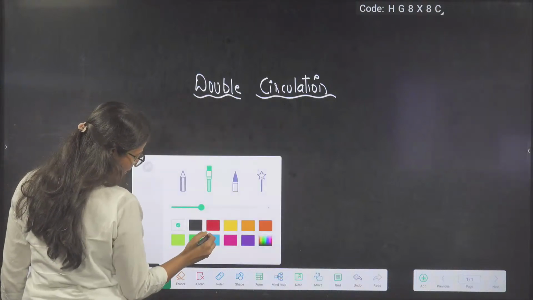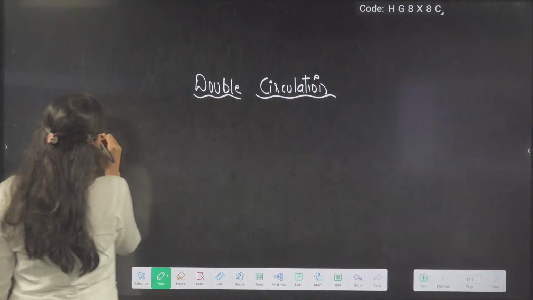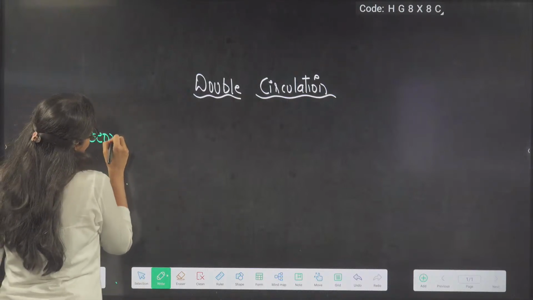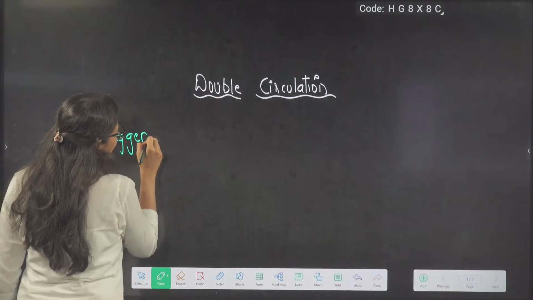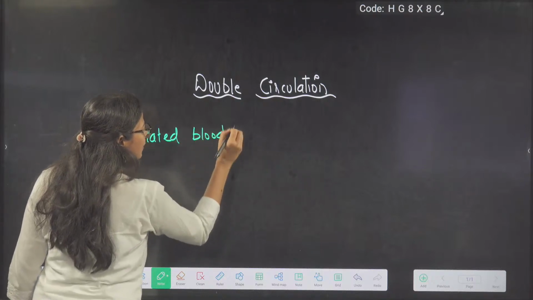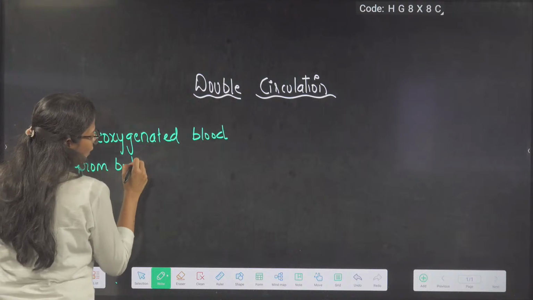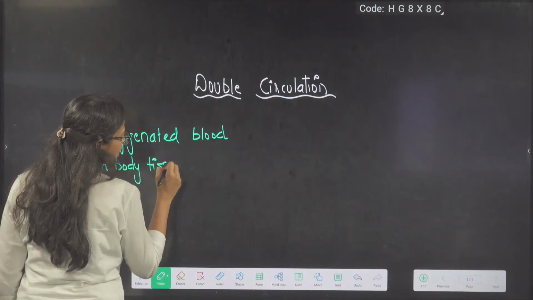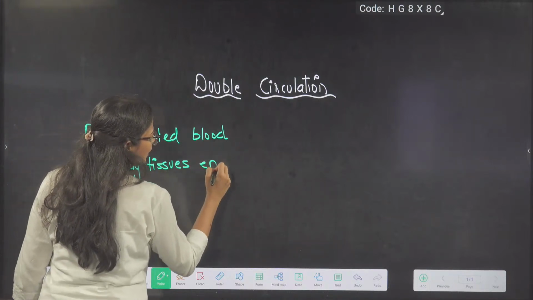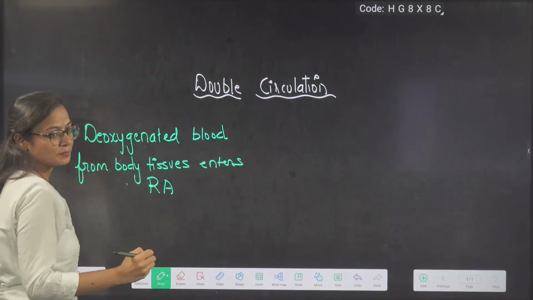Since it's deoxygenated, I will prefer to write that in blue. So the deoxygenated blood, from where it is coming? From the body tissues. It enters right atrium, right?